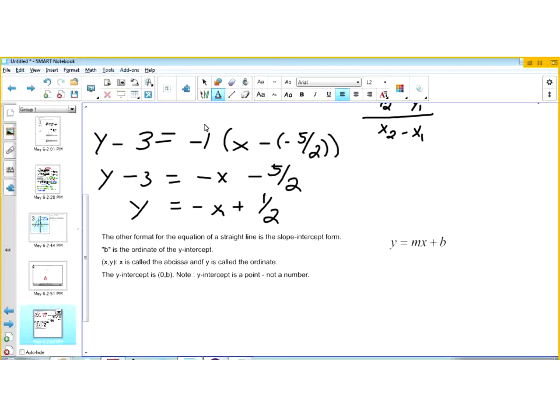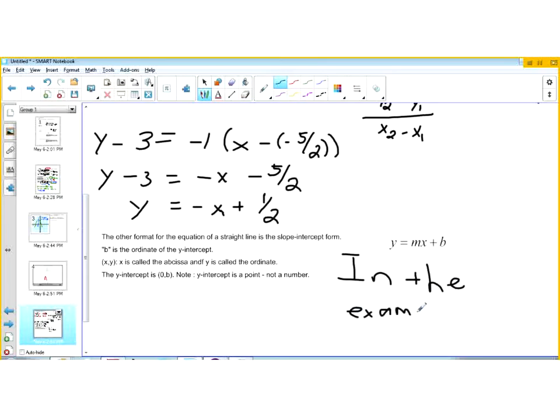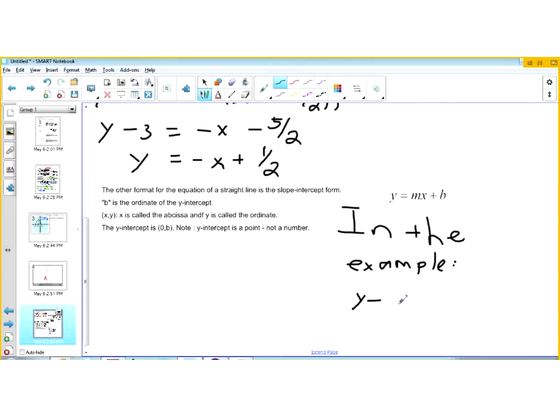And it turns out that if we look at the equation, it's already in y-intercept form, right? In this case, our y-intercept, in the example that is, the y-intercept is equal to 0, 1/2.